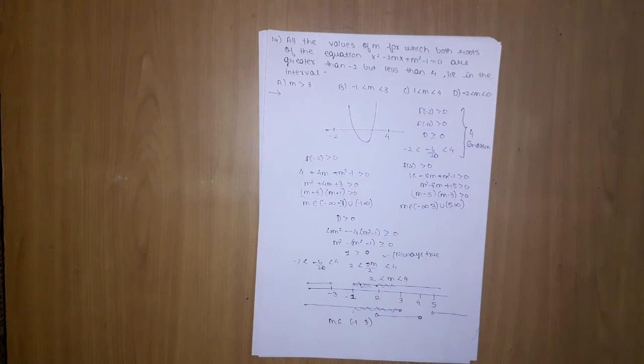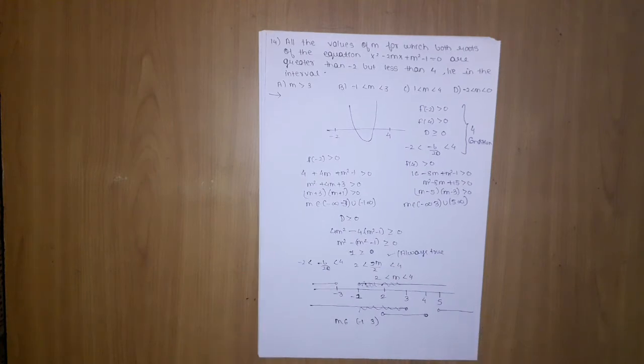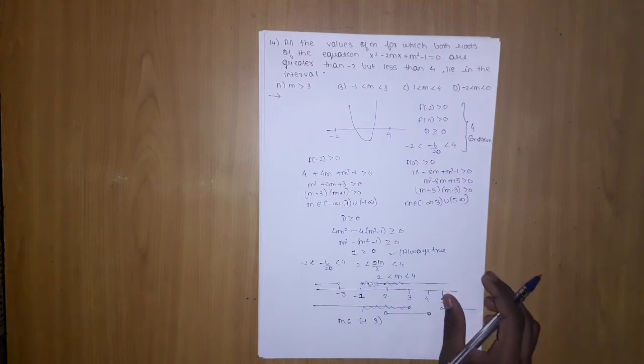If we take it, minus infinity to minus 3, then minus 1 to infinity. This one is it. So m belongs to minus 1 to 3 is the most appropriate answer for this one.